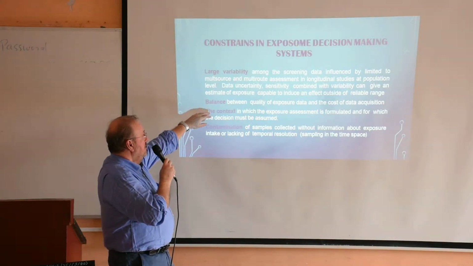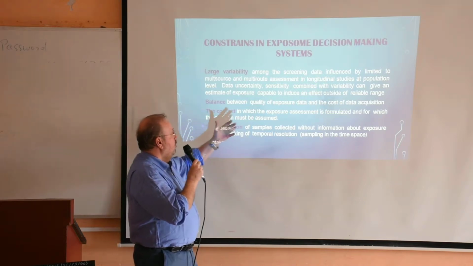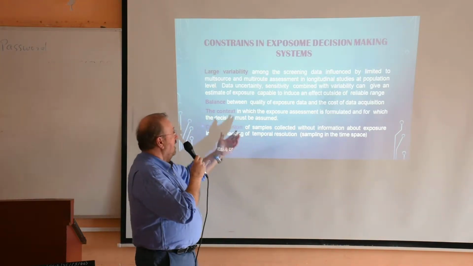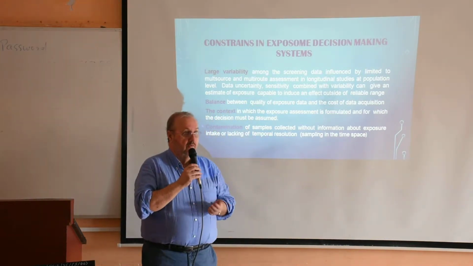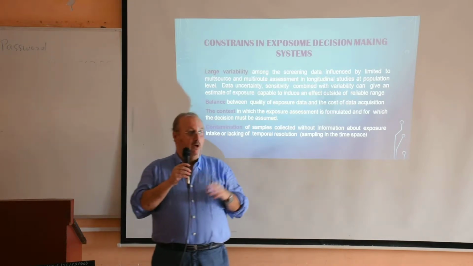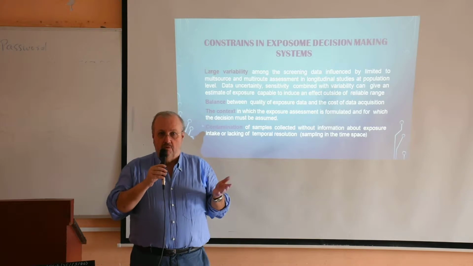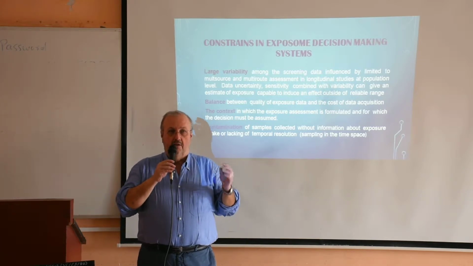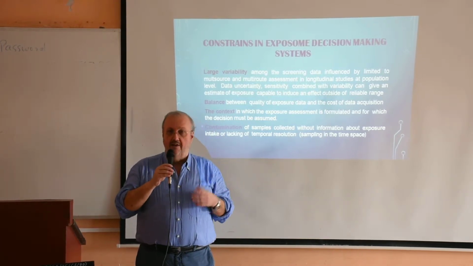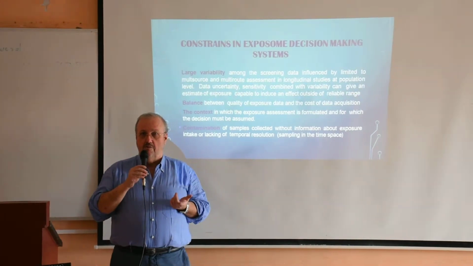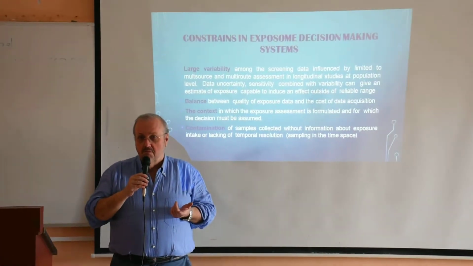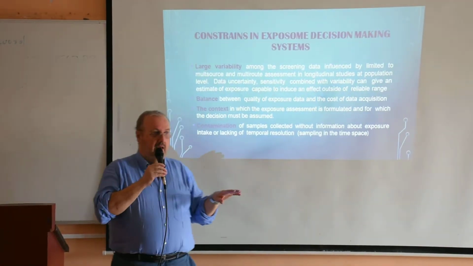The balance is between the quality of exposure data and the cost of data acquisition. This is a big problem. Okay, I can monitor 2,000 compounds, but I must buy an instrument that costs $1 million. Probably nobody does this monitoring.